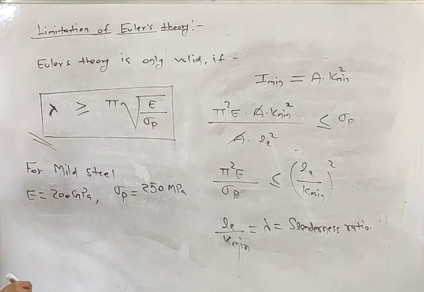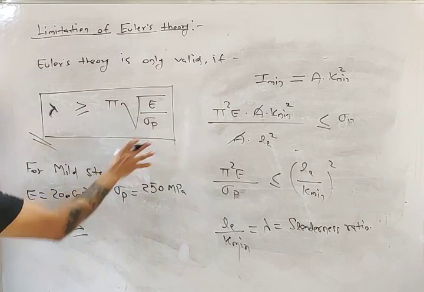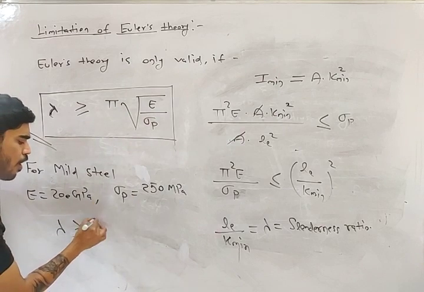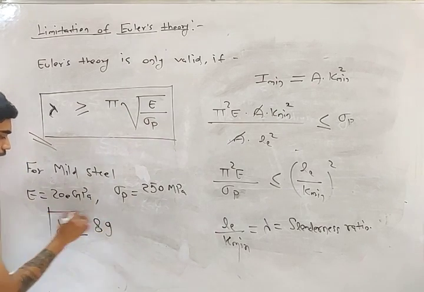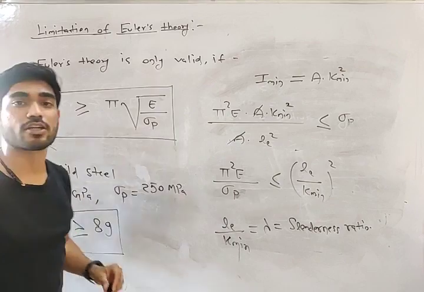If you put these values and calculate, lambda should be greater than or equal to almost 89. So for mild steel, you can use Euler's theory only if lambda is greater than or equal to 89. If it is less than 89, then you cannot use Euler's theory.